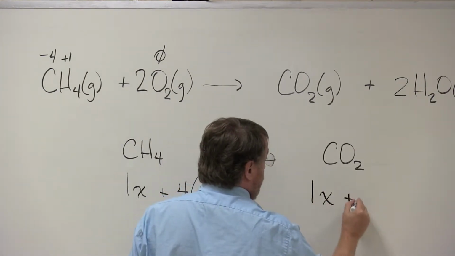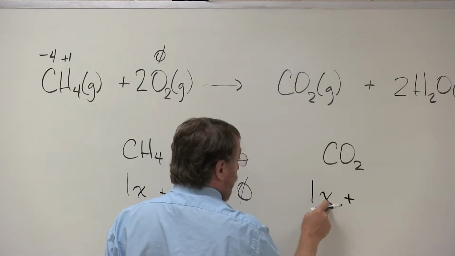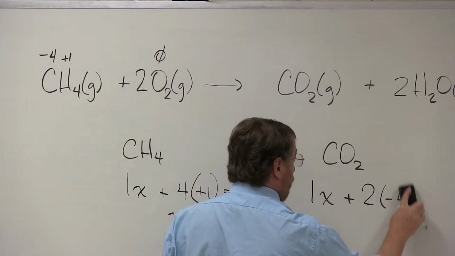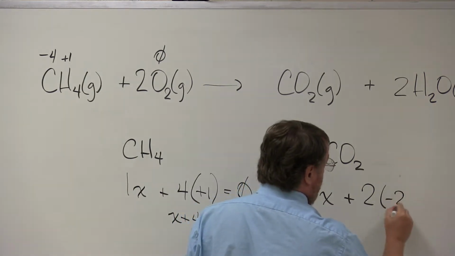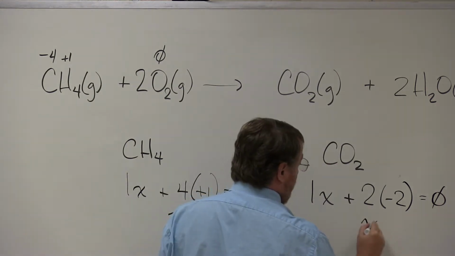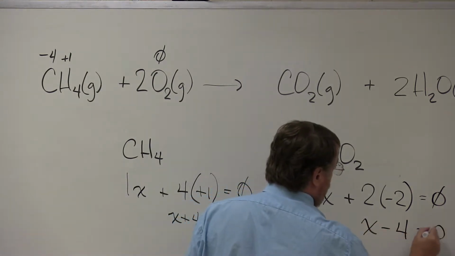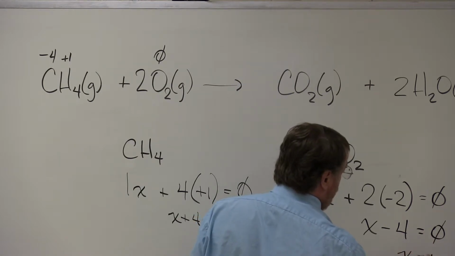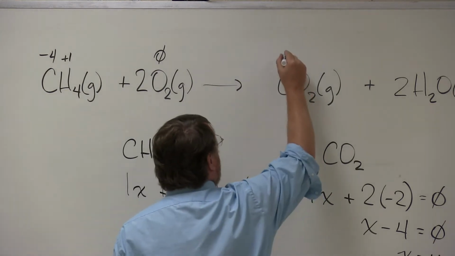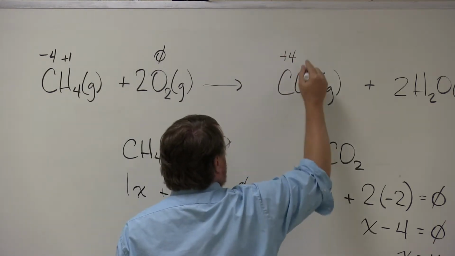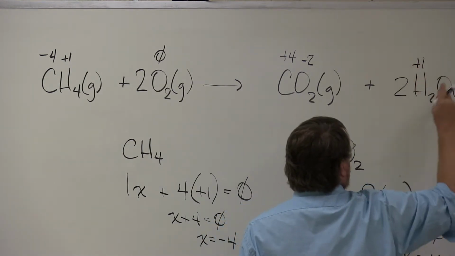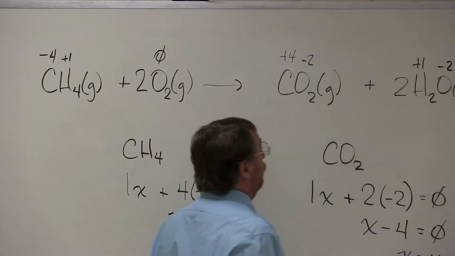So 1x for the carbon, we've got 1 carbon, unknown charge, plus 2 oxygens at -2 equals 0. 2 times -2 is -4, so x minus 4, and obviously x equals +4. So the carbon in carbon dioxide is +4. Oxygen obviously is -2. Hydrogen and water, we're going to assign a +1, oxygen -2.